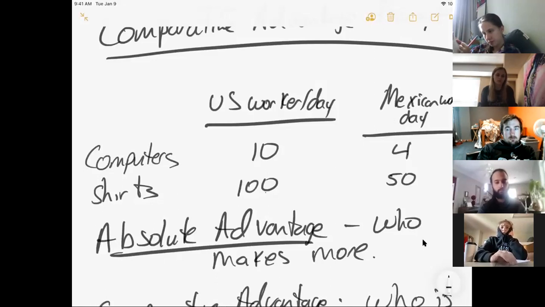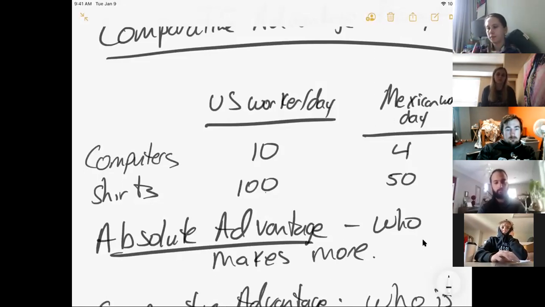Doesn't make any difference. They can make one or the other, right? But what's true in reality? In reality, people are trained to make computers or they're trained to make shirts, right? Or some areas of the country are making shirts, like North Carolina, and other areas are making computers, like California.